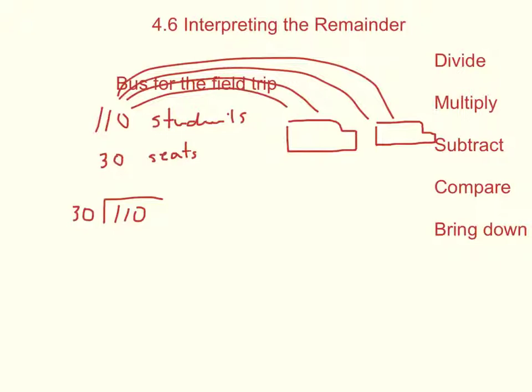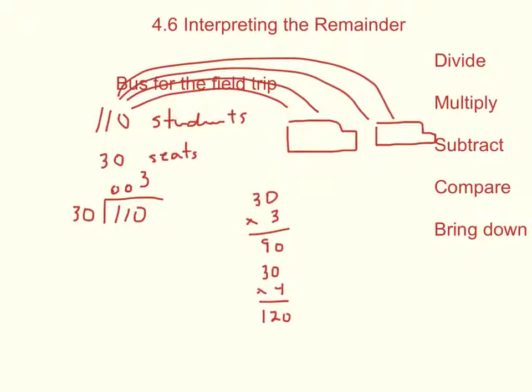I can't make any groups of 30 from 1 or from 11, but I can from 110, and I know that 30 times 3 is 90, and 30 times 4 is 120. 120 is too big, so go with 90.